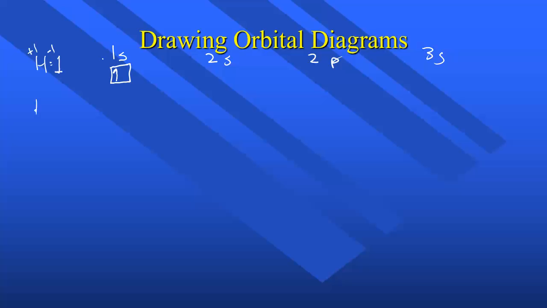How about helium? Helium is atomic number 2. It has 2 electrons. So, how many rooms will you need to satisfy those 2 students? 1. Now, according to Hund's rule, which we studied yesterday, you can have 2 electrons on the same floor.